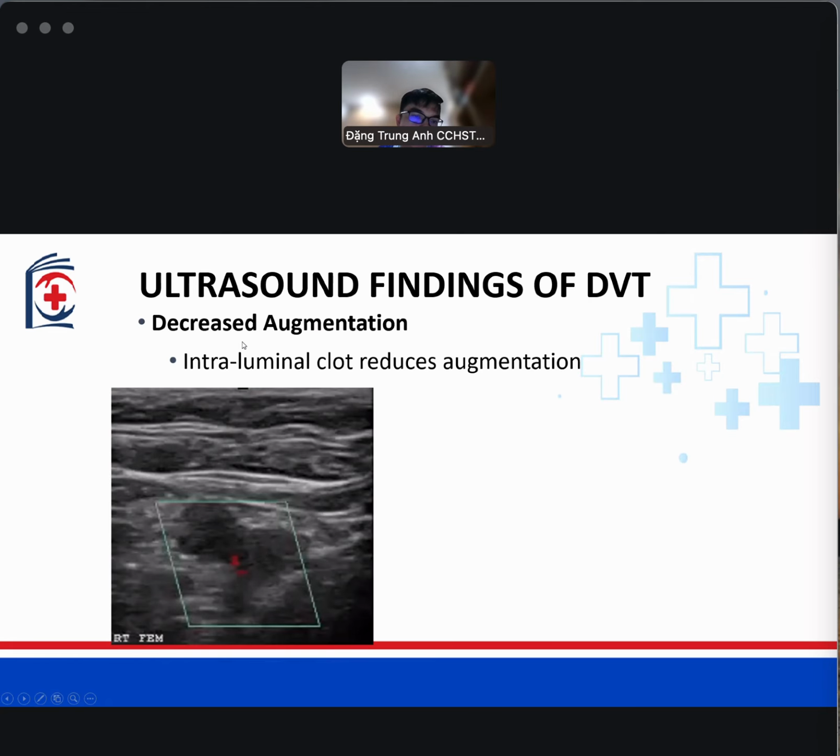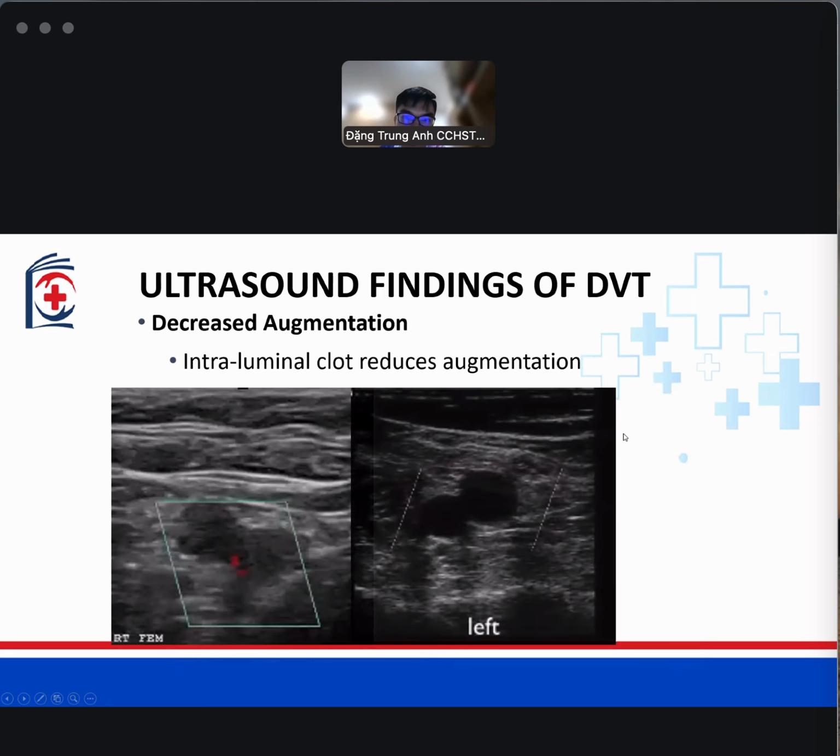And the last finding is the decreased augmentation in the vein, where we apply pressure below the vein. Normally, when we apply pressure, the vein will become bigger because of the increased pressure.